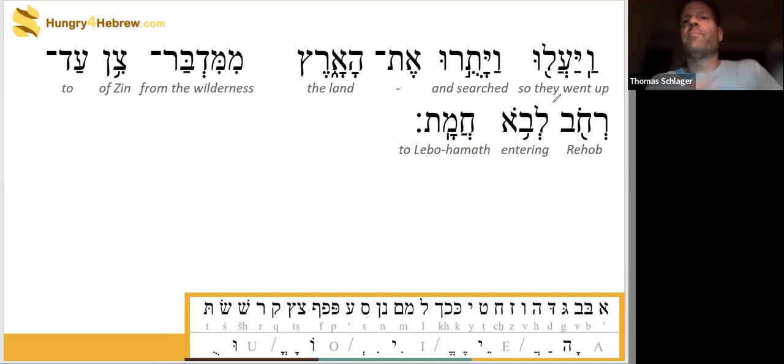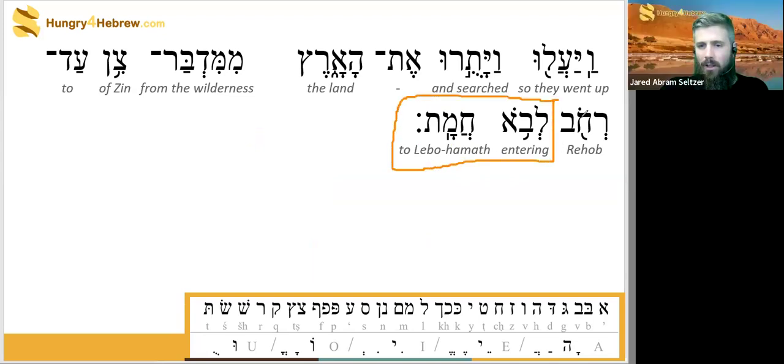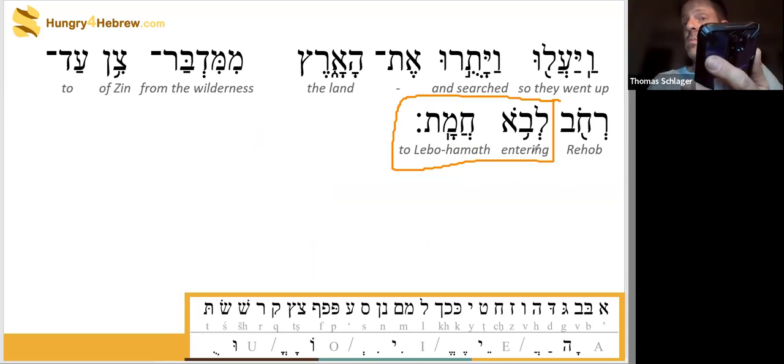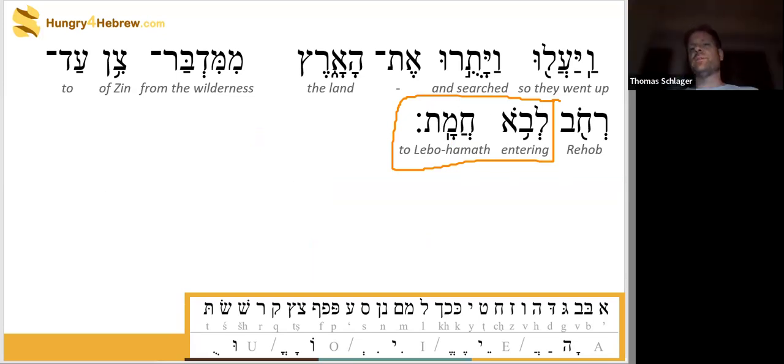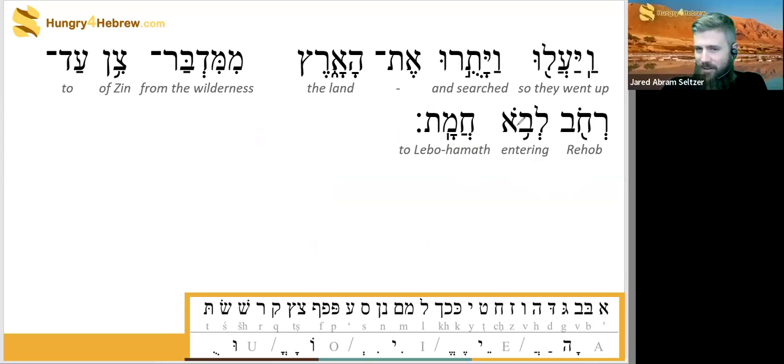So it makes me wonder if this place was called Going of the Sun. Maybe because they had great sun. Well, it says entering. So is that the sun rises or the sun sets? Hard to know. So the place is known for its entering of the sun or the going of the sun. Remember when Jacob is headed to Padan Aram and then he comes back and that's when he meets Esau.